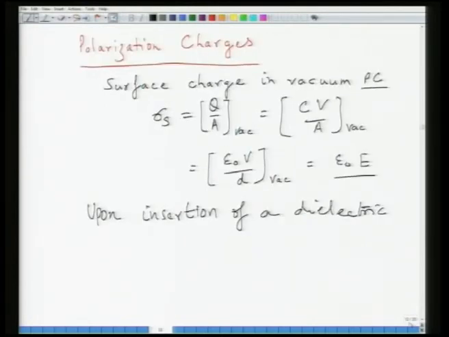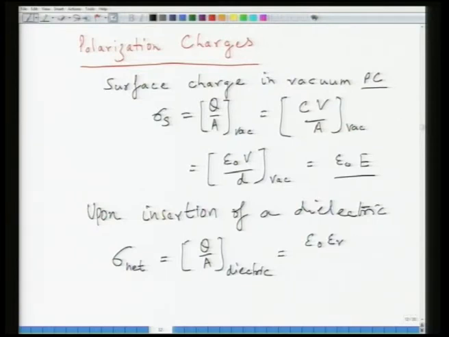When you insert a dielectric, the net charge density, sigma net, now becomes, again, Q by A in the dielectric. Q would be CV, C would be epsilon naught epsilon R A by D, and A would cancel out.